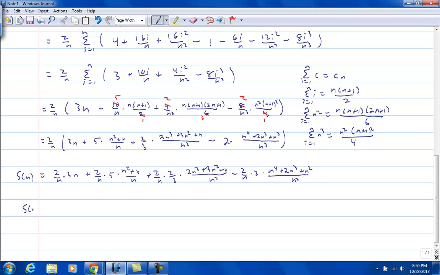So S of n equals what? The n's divide out here.